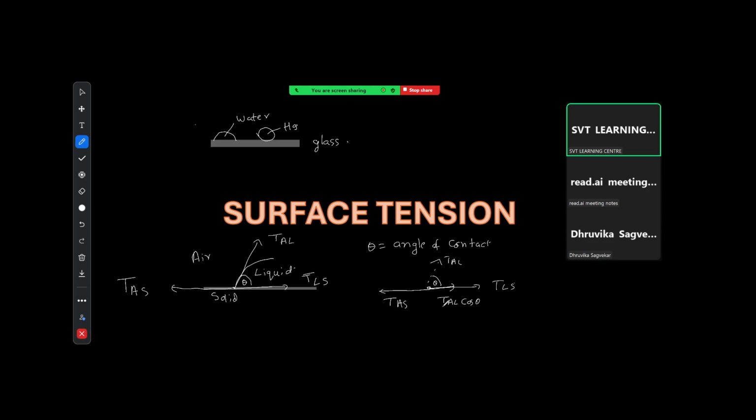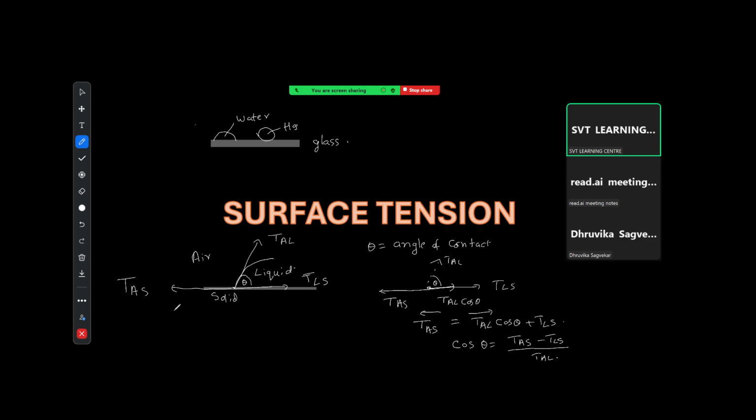Now, for equilibrium, the force on the left, TAS, should be equal to the total force on the right, that will be equal to TAL cos theta plus TLS. Now look at this, your cos theta, if you work out, turns out to be TAS minus TLS divided by TAL.